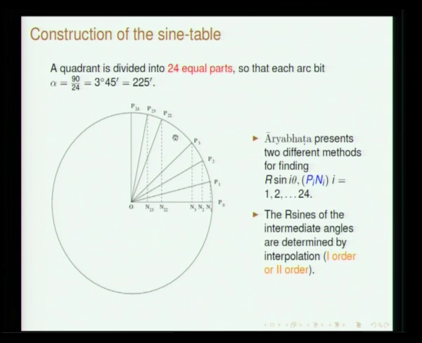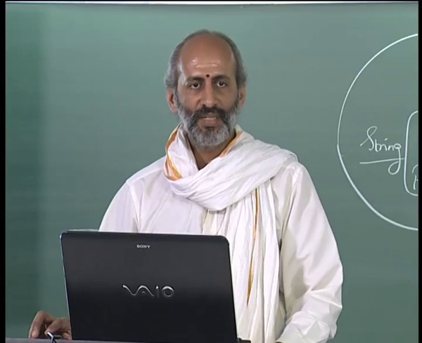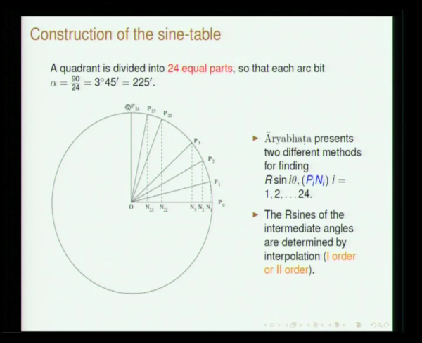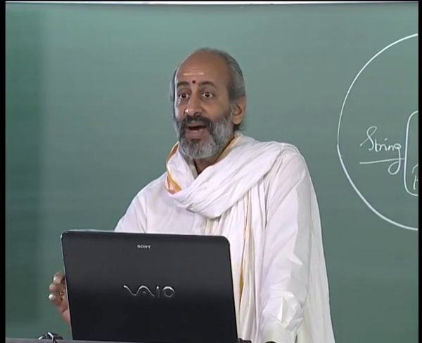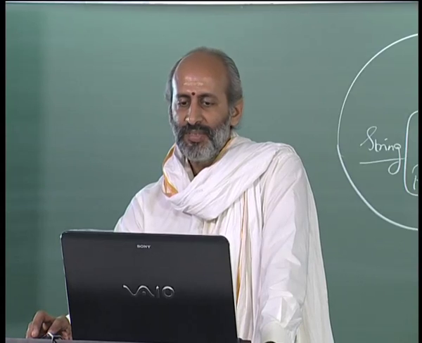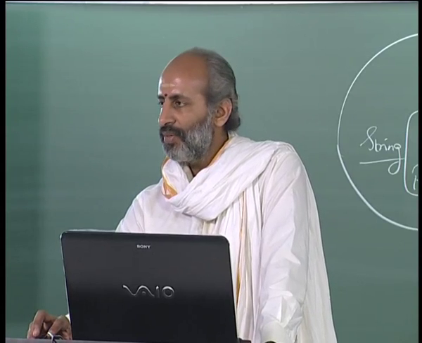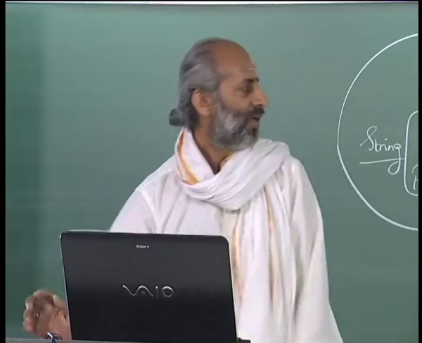So, the purpose is to determine all the Pi Ni. The last value, obviously, is going to be OP24, which is the same as the radius of the circle. Once these values are known, Pi Ni, to be precise, should be referred to as ardha jya, because jya is the total chord length, as I showed here.